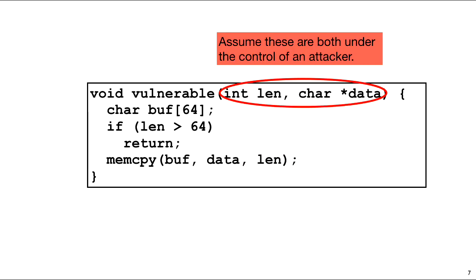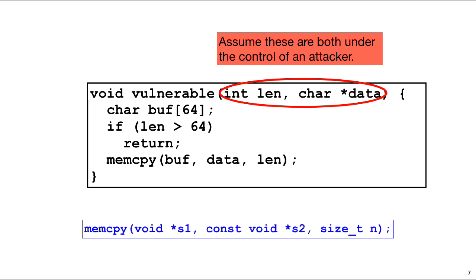So it might look safe on first glance, but I want to warn you of a gotcha here that makes this trickier than you might think. If we look at the declaration for memcpy, a standard library function that copies data from here to here, you give it pointers, and you tell it the number of bytes you want it to copy. And it'll do the copy for you.